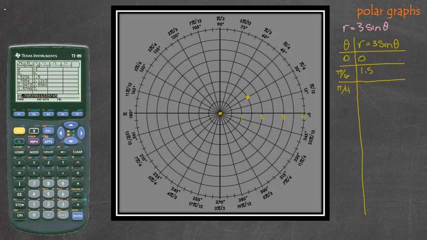The only function I have stored under R1 is 3 sine theta. So I'm going to put in this time pi divided by 4. So that's my input value, and my output value now is 2.123.